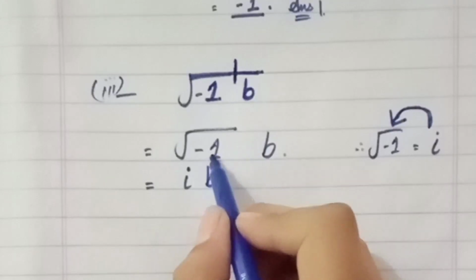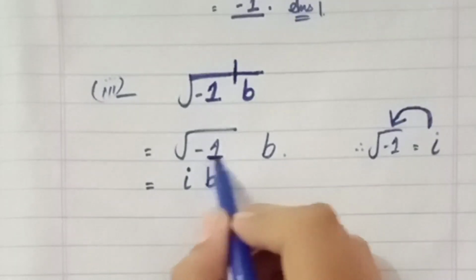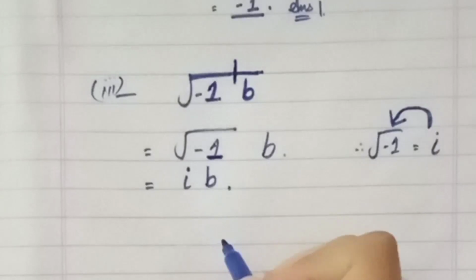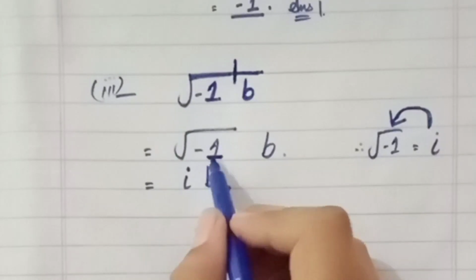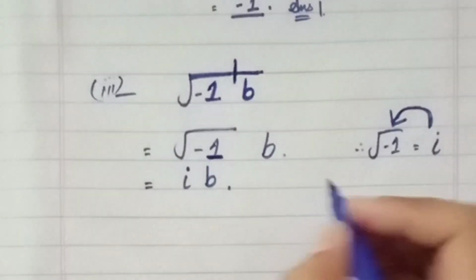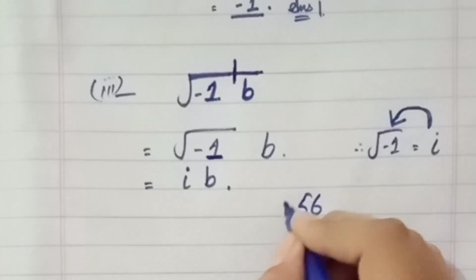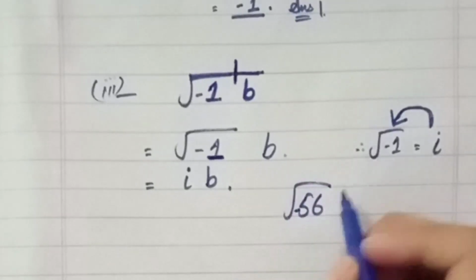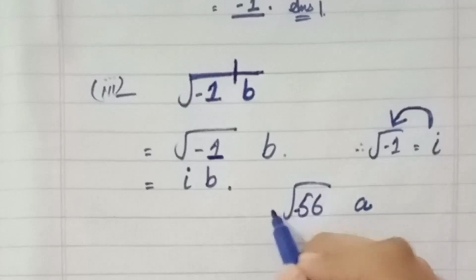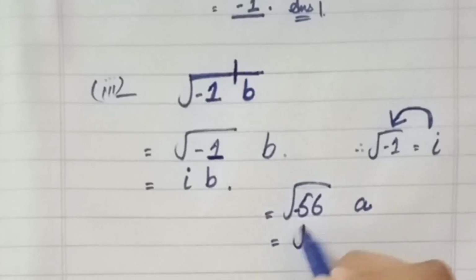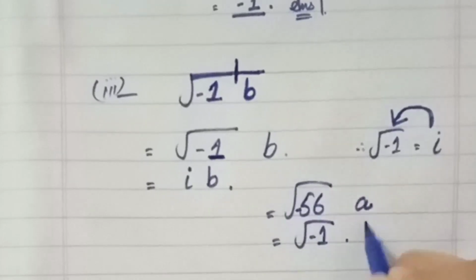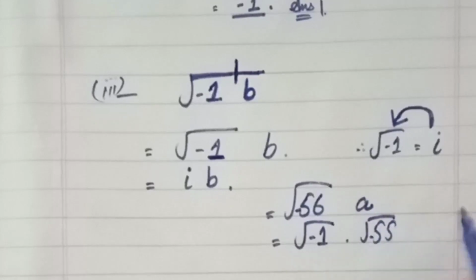Now just see the digit here and you will learn how to separate just one. If there is under root minus 56 and here is something else, you have to separate minus 1 and under root 55.